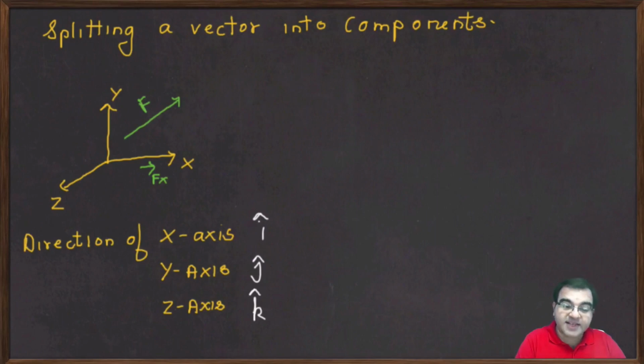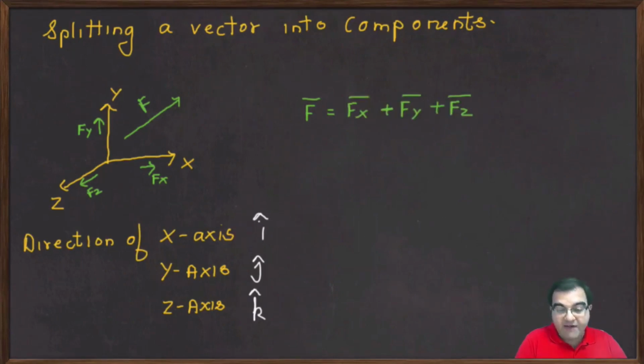So Fx is that part of the force which is acting along the x-axis, Fy is that part acting along the y-axis, and Fz is that part acting along the z-axis. So you write F bar and split it into Fx bar plus Fy bar plus Fz bar.